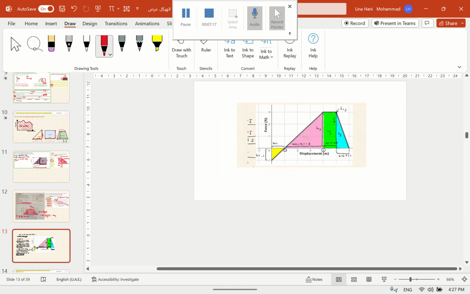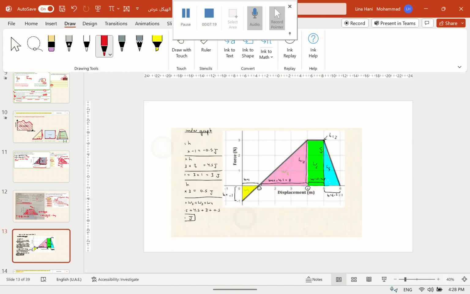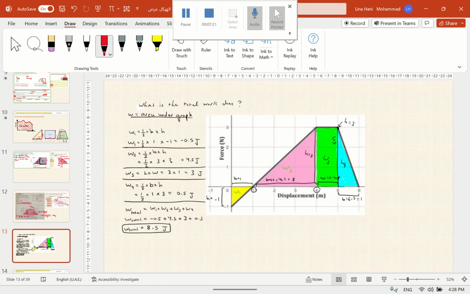This question we solved together in class. If the question says what is the total work done, you need to find the total area. Here we have a triangle, here we have another triangle, here we have a rectangle and another triangle.